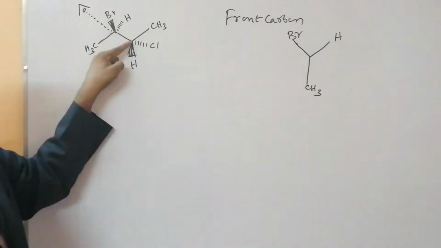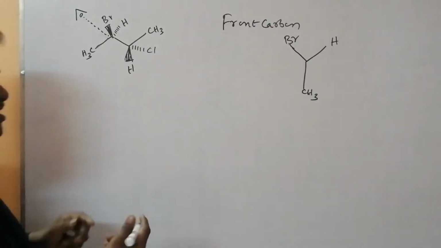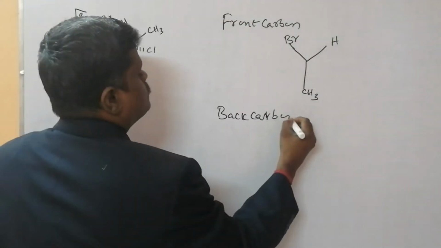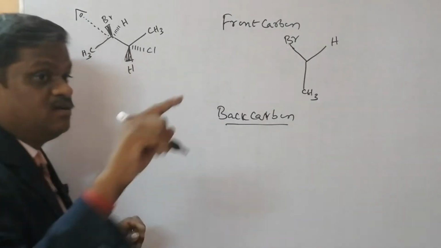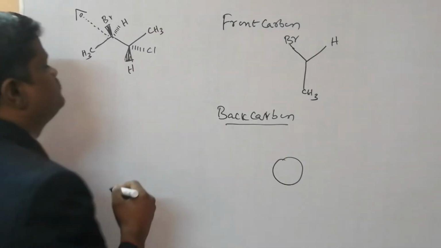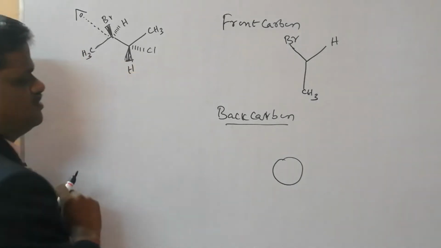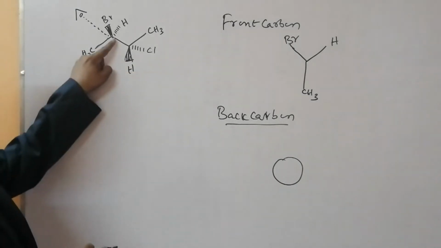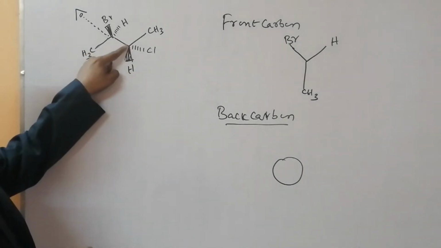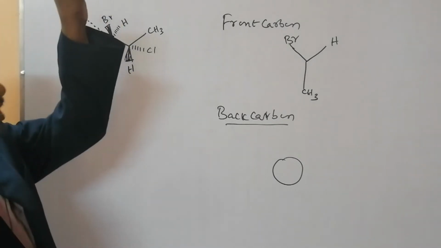Now this carbon is connected to the back carbon. The back carbon is always represented in the circled form. So now this will be in the circled form. The back carbon is always represented in the form of a circle. Now this front carbon is connected to the back carbon. So you see, the methyl group is projected upwards.